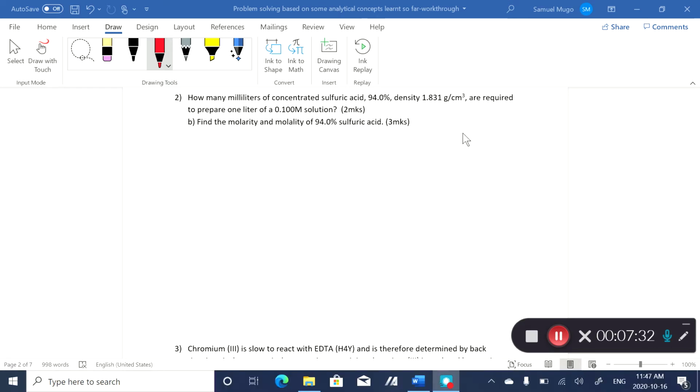liter? You see, the problem here is you've got the concentration in percent, and so you need to convert that concentration into molar concentration, so that you are able to do the dilution.